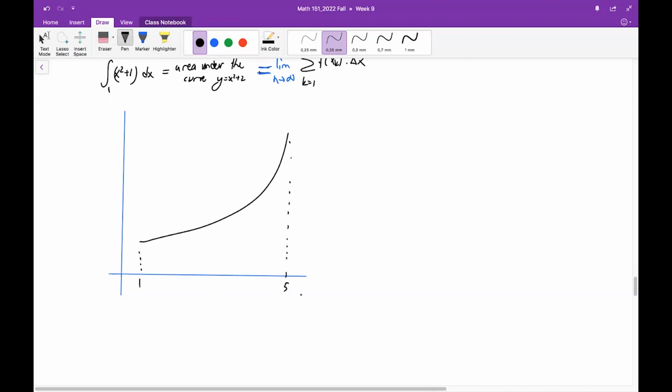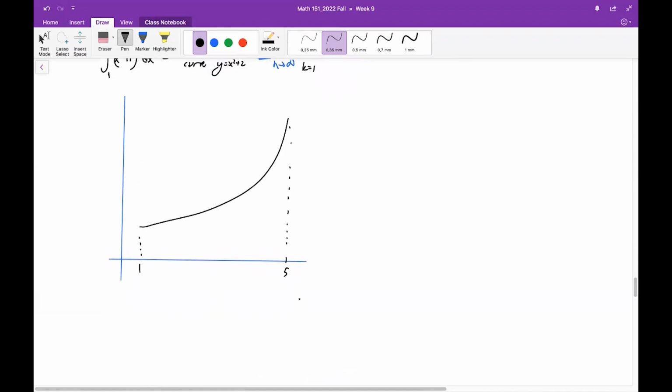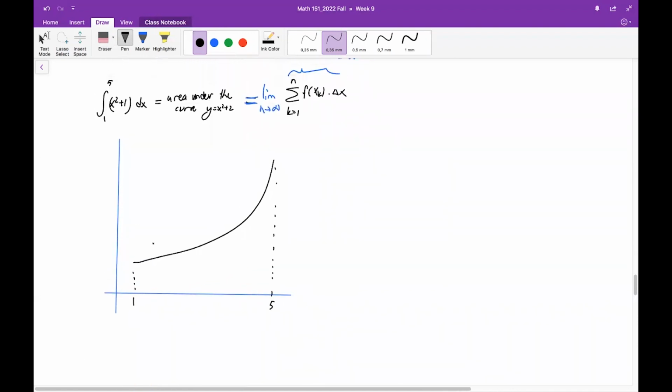Like this. Now I will construct my approximating rectangles. I will divide this interval into n many sub-intervals, like this. This will be the 0th point, and I will be using the right endpoint to create my heights. This is x1, x2, x3, and somewhere here you will have your point xk.